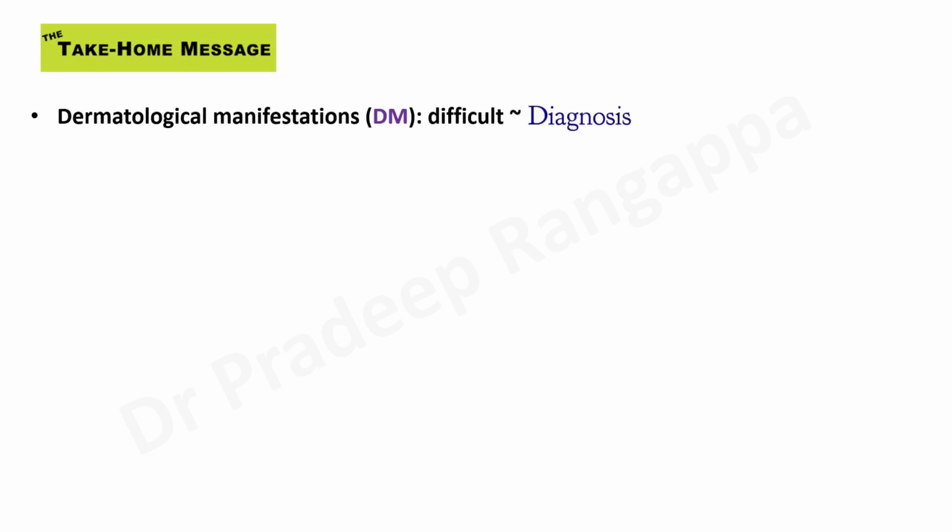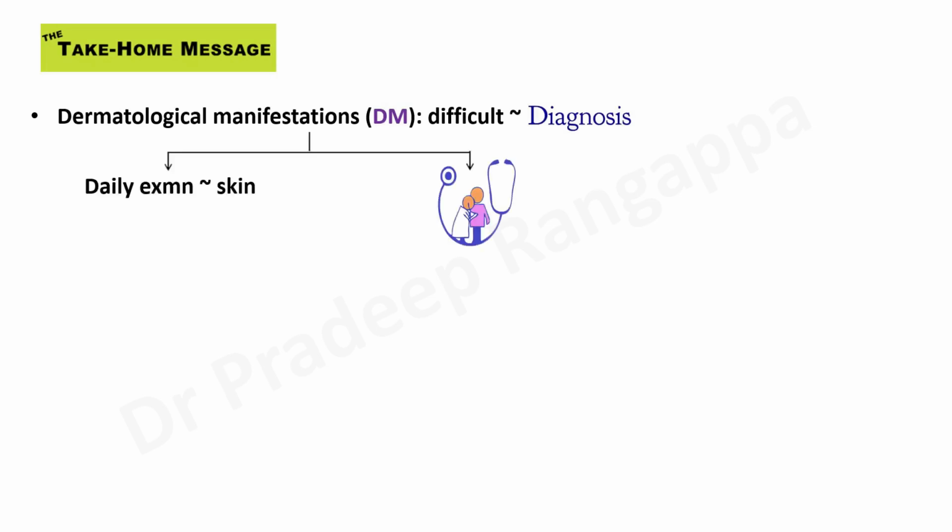So the take-home message is that dermatological manifestations are difficult to diagnose in the ICU, but it is very prudent and important that every intensivist pays attention to any skin manifestations and tries to ascertain the cause. Don't ignore any skin manifestation. So daily examination of the skin is important, and detailed systemic examination becomes all the more important if you have a skin manifestation.